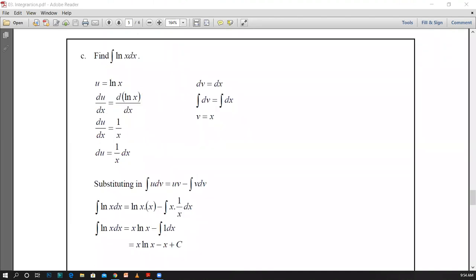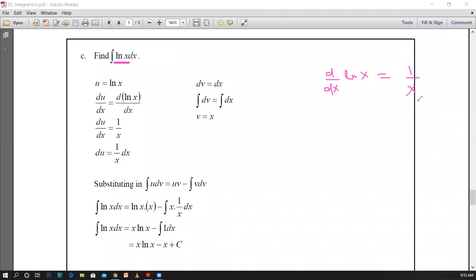So far, when we discussed the integrals of functions, we have not paid any attention to obtaining the integral of ln x. But if you take the derivative of ln x, you obtain 1 over x.